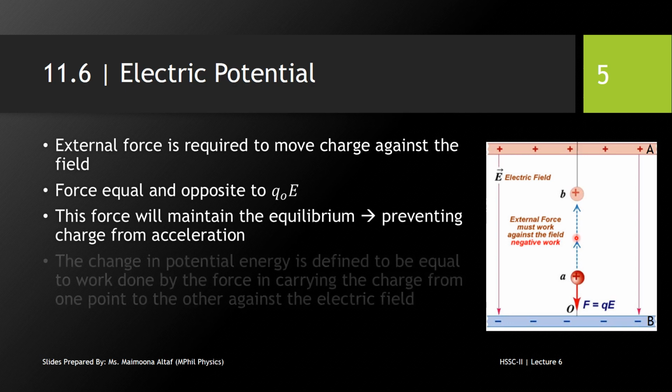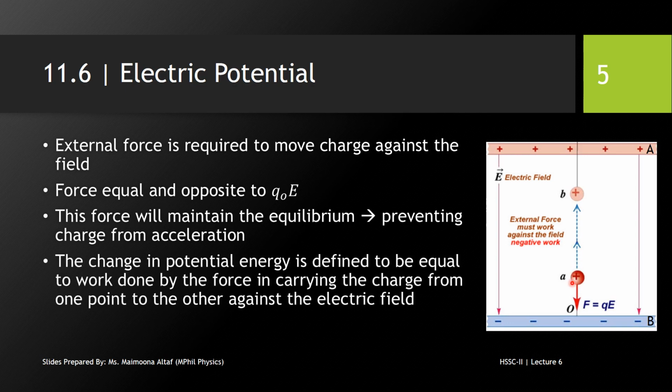So the change in potential energy of the charge Q is defined as equal to the work done by the force in carrying the charge Q from one point to another against the electric field.